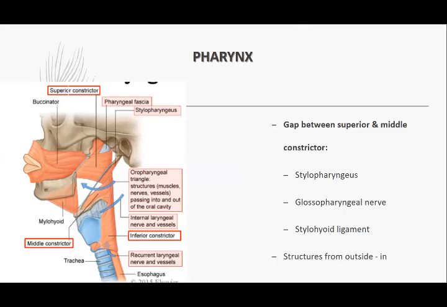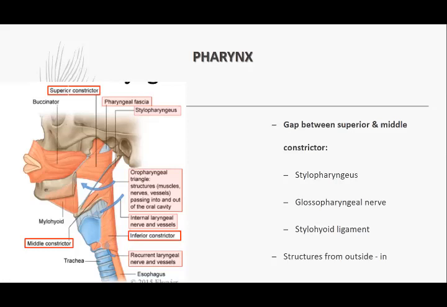They are considered to be like tubes, one tube inside the other. अब ये जो overlapping tubes हैं, the upper overlapping tube is the superior constrictor, ये uppermost part. इसको overlap कर रहा है ये muscle which is the middle constrictor. ठीक है, ये देख लीजिए. Middle constrictor is overlapping the superior constrictor, and then comes the inferior constrictor. ये inferior constrictor जो है, it is overlapping the middle constrictor.